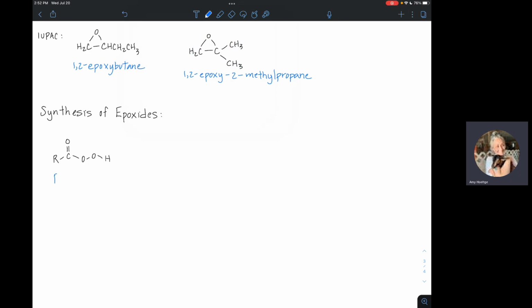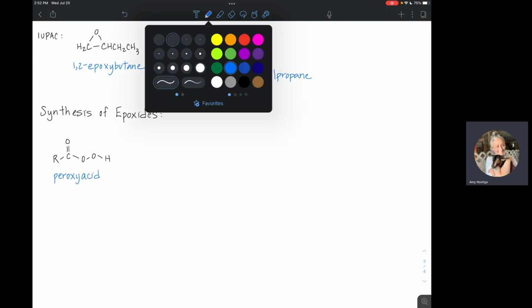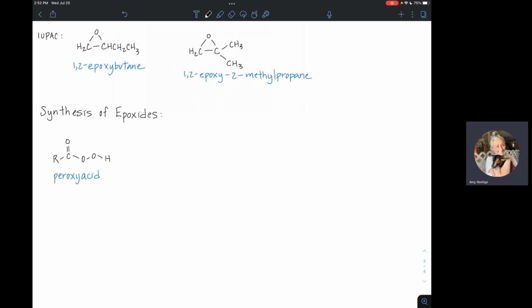This is a peroxy acid. So it's a carboxylic acid, right? R is just the rest of the molecule, and it has an extra oxygen atom. And it's that extra oxygen atom that's going to be transferred to the alkene in order to form the epoxide.